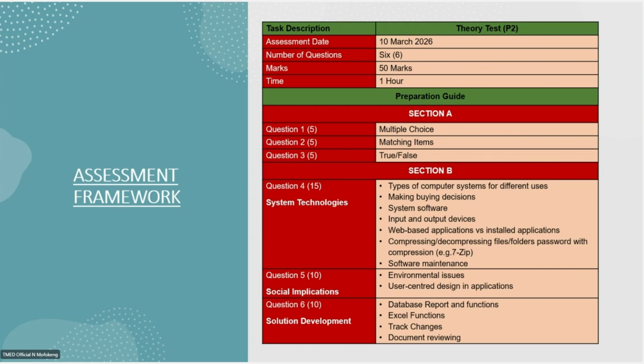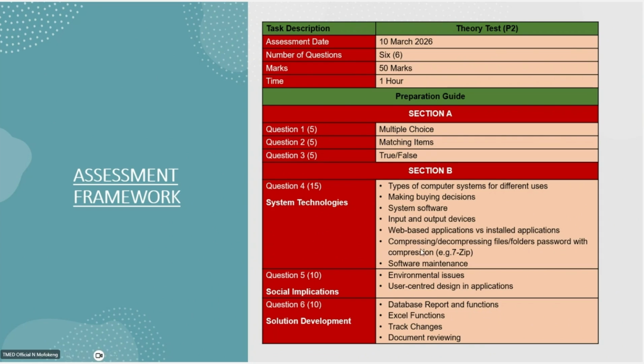So you need to understand why it is important for you to compress your file, and how do you compress? How do you decompress using software such as your 7-zip and your WinRAR? So those are the things that you need to prepare yourself on.